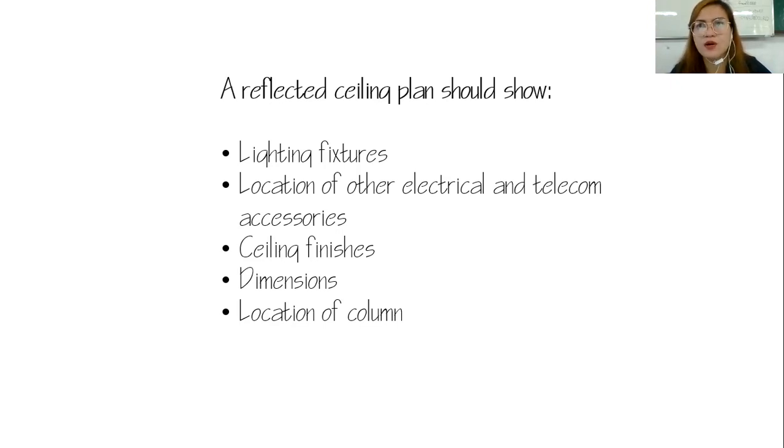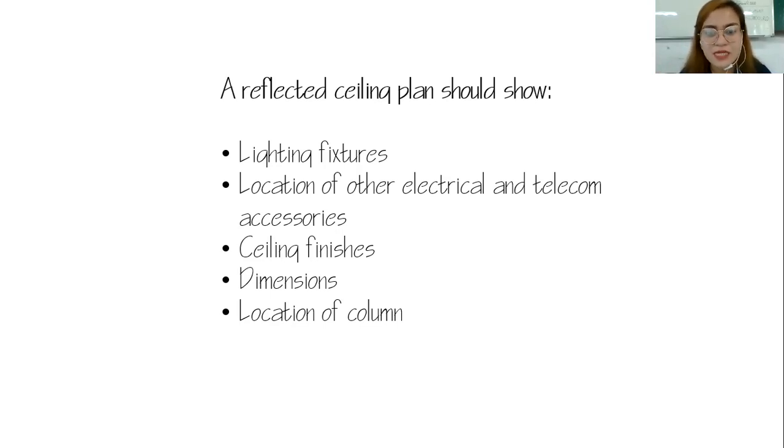That's what we call cove lighting, and the fixture used in cove lighting is LED strip lights. If you have any questions regarding that, you can ping me, or you can ask through our group chat.